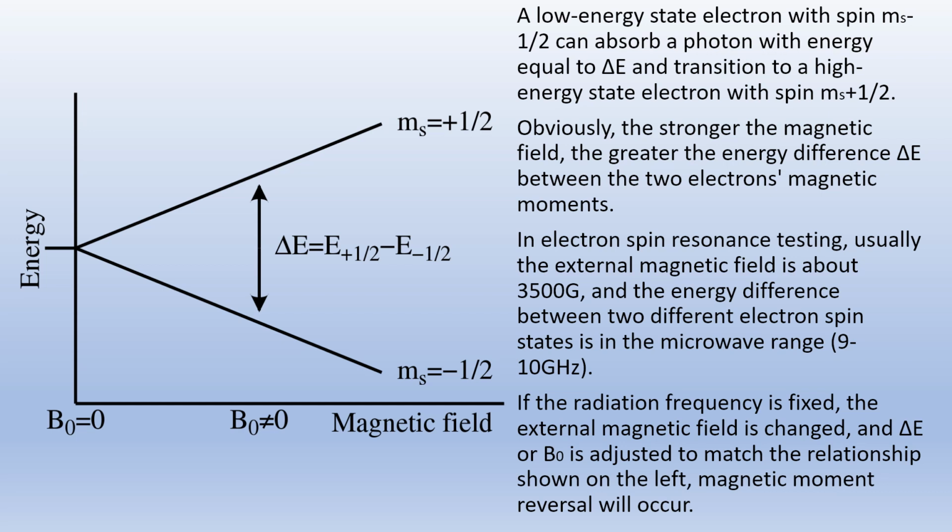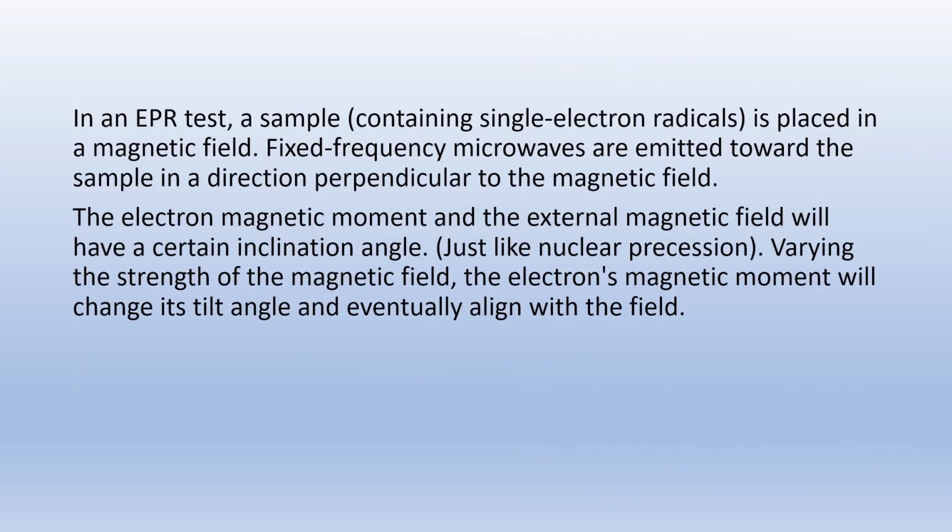If the radiation frequency is fixed, the external magnetic field is changed, and delta E or B is adjusted to match the relationship shown on the left, magnetic moment reversal will occur. In an EPR test, a sample containing single electron radicals is placed in a magnetic field.